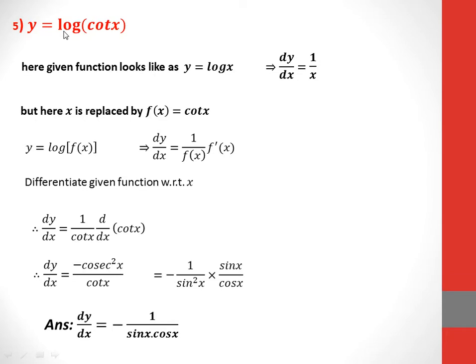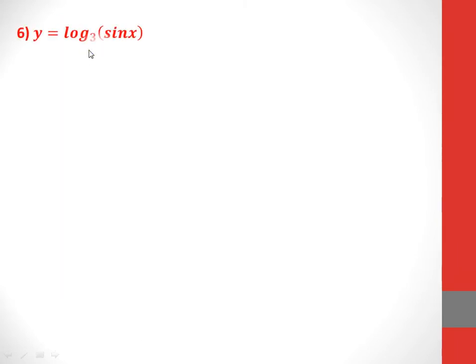Now see here, log of cot x, the original function is log x. Now see one more example. See, y is equal to log of sin x, and here the base is 3 given to you. By default the base is e.